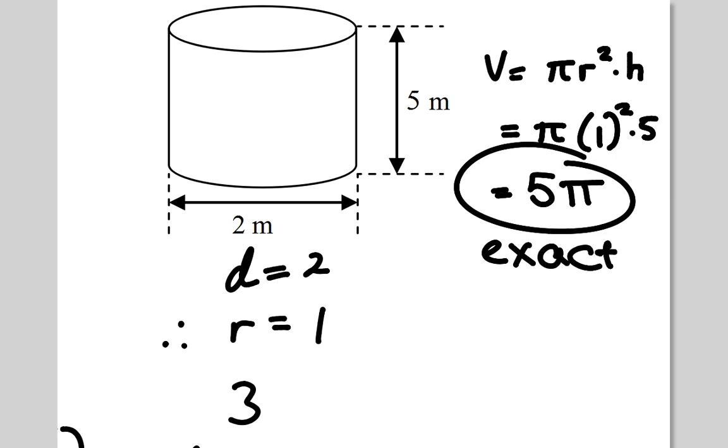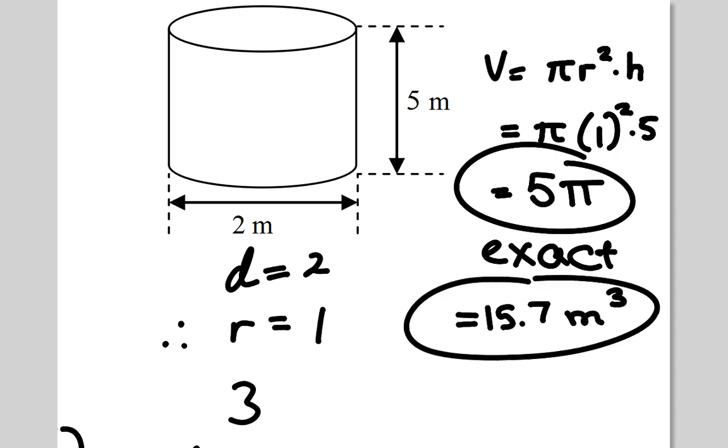When you put that in your calculator using the pi button, and you get 15.7 meters cubed, this answer would be called approximate. Any questions about that terminology? Yeah, because it's been rounded, it's approximate. The 5 pi is exact, because the decimals for pi go on forever. That's why I just use the symbol pi.